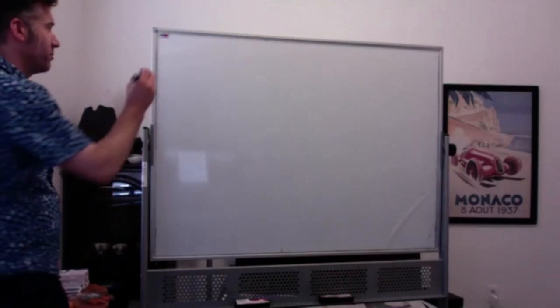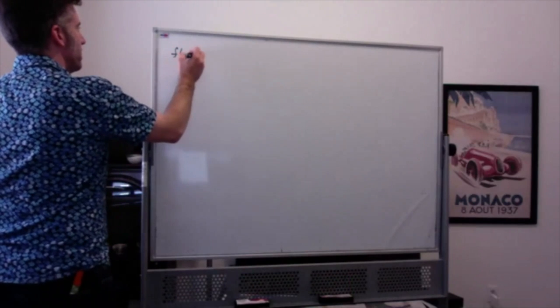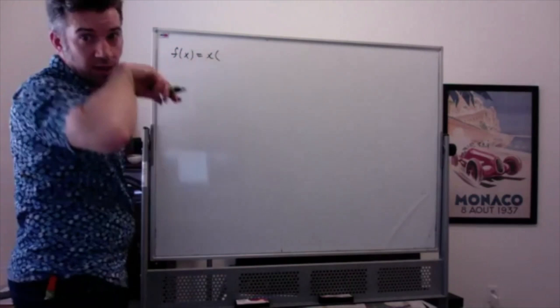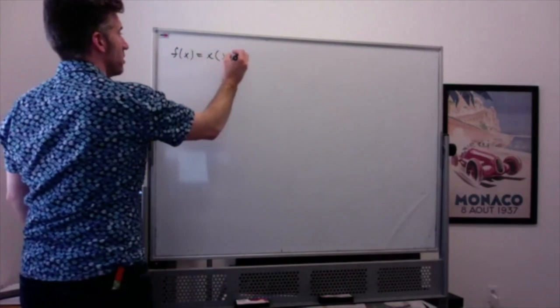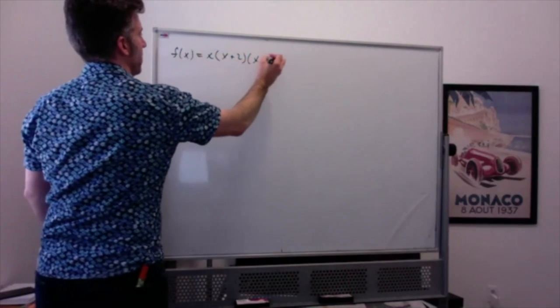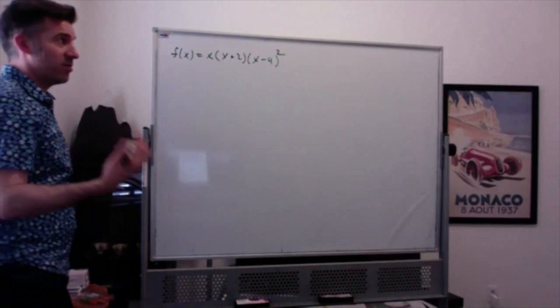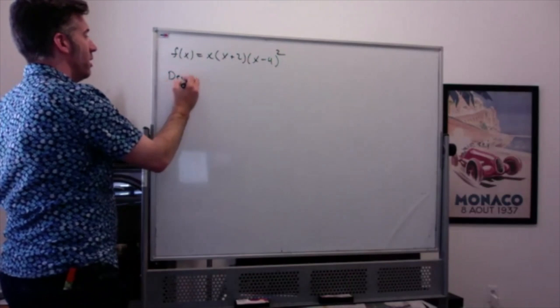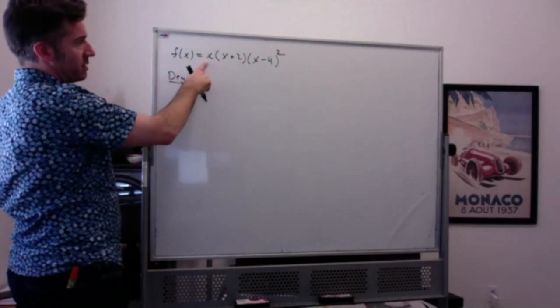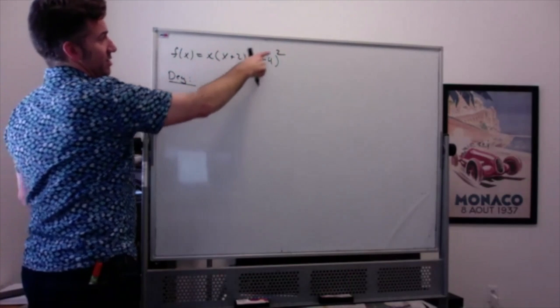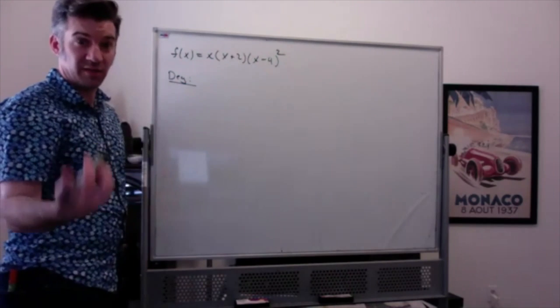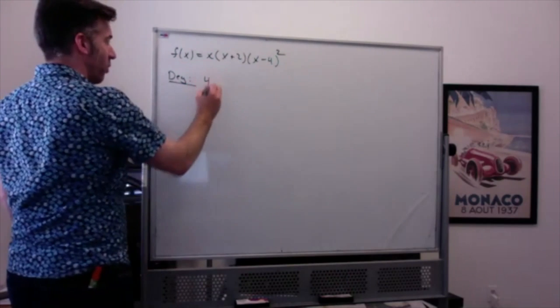Let's look at this function. F of x is equal to x times x plus 2 times x minus 4 squared. And so if I were to multiply this out, I can see that my degree is x times x squared, which will be x to the 4th. So my degree is 4.